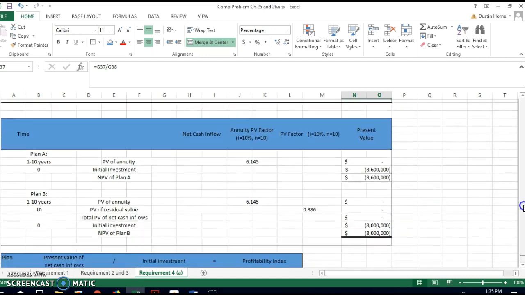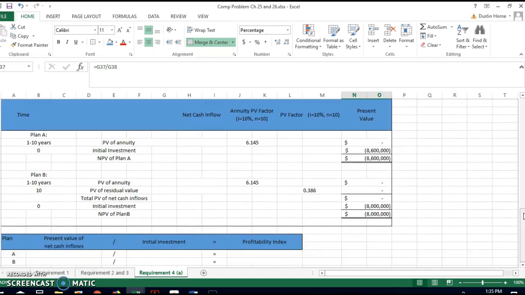Okay, so the last part here, once you get that, I believe we wanted to calculate the profitability index. And before we can do that, one thing about the profitability index is you need the present value of net cash inflows. Okay, so first of all, the net cash inflows for Plan A was $1,525,000.